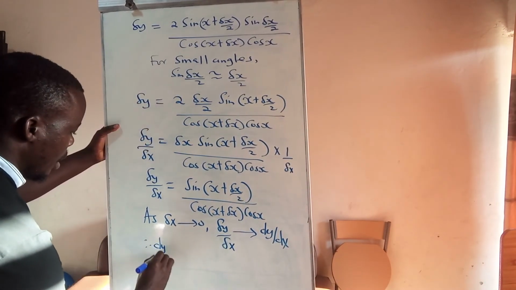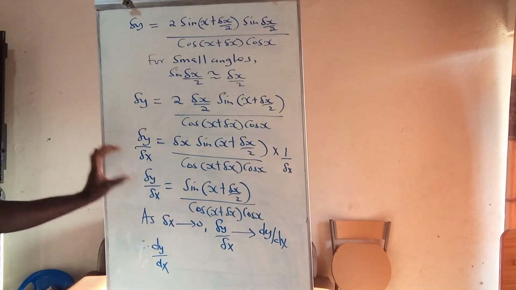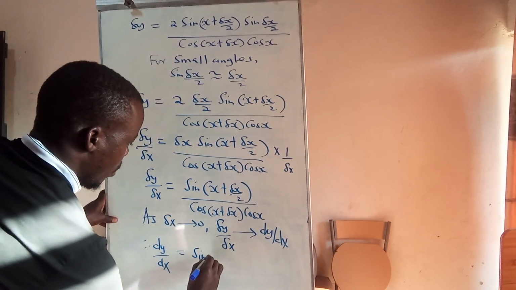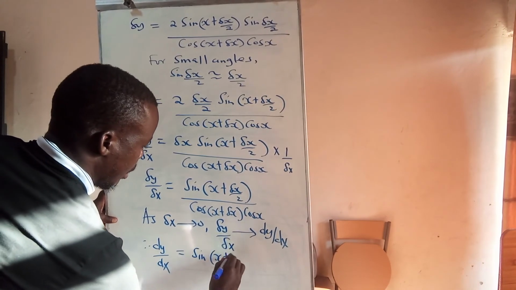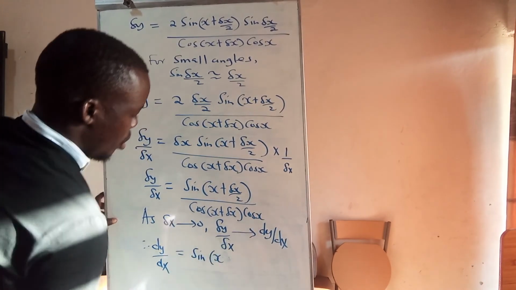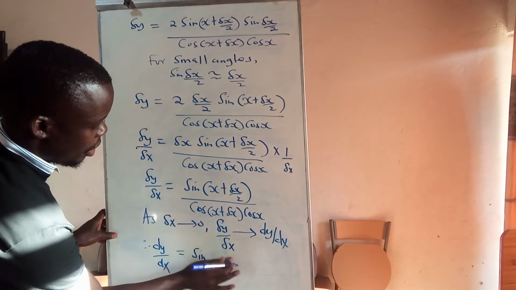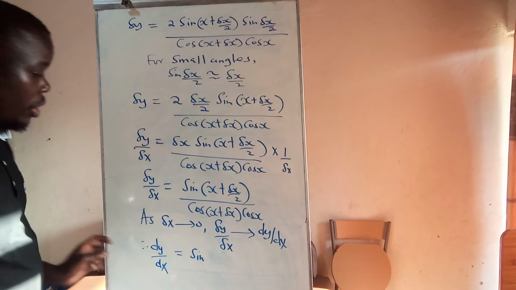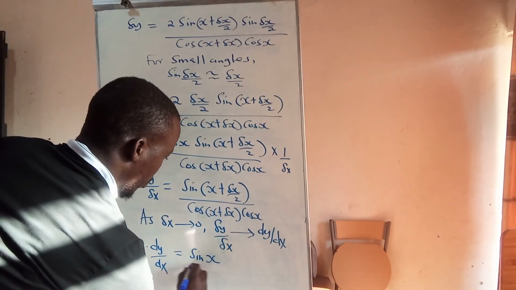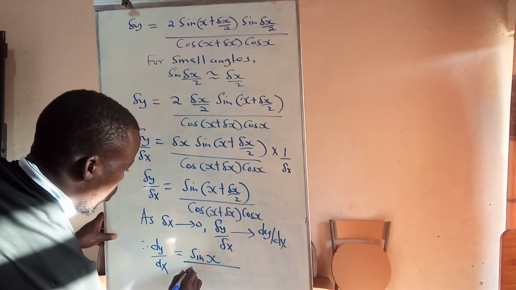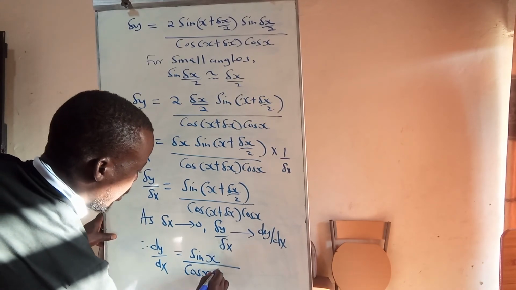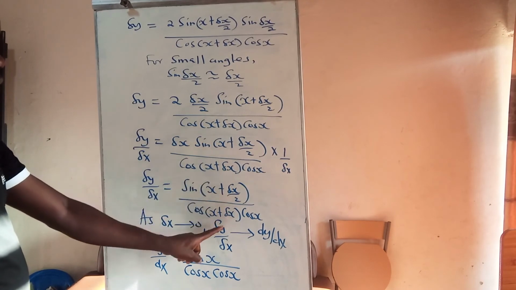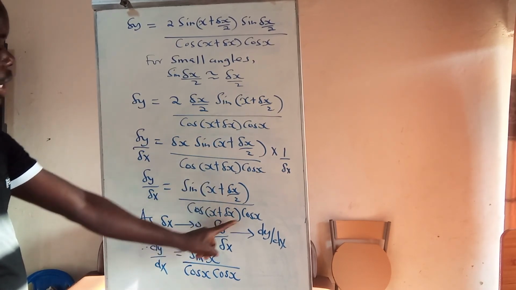It now means that dy dx is going to be the same as sine of x plus, it would be 0 now, because as you can see, we have sine x, then this is 0 out of 2, which is 0. So I'll remain with sine x alone in the numerator, divided by cos of x, but cos of x again, because now this is also 0. So we have cos x times cos x.